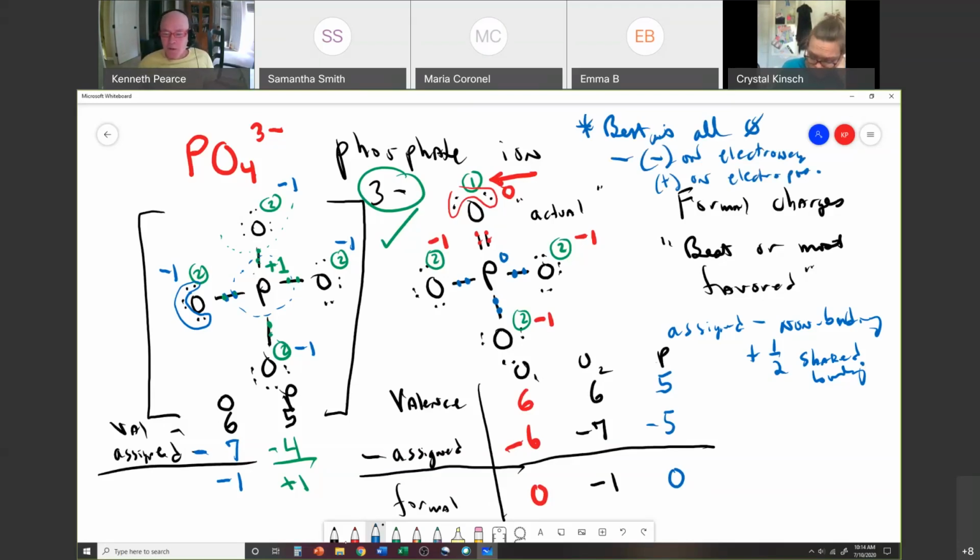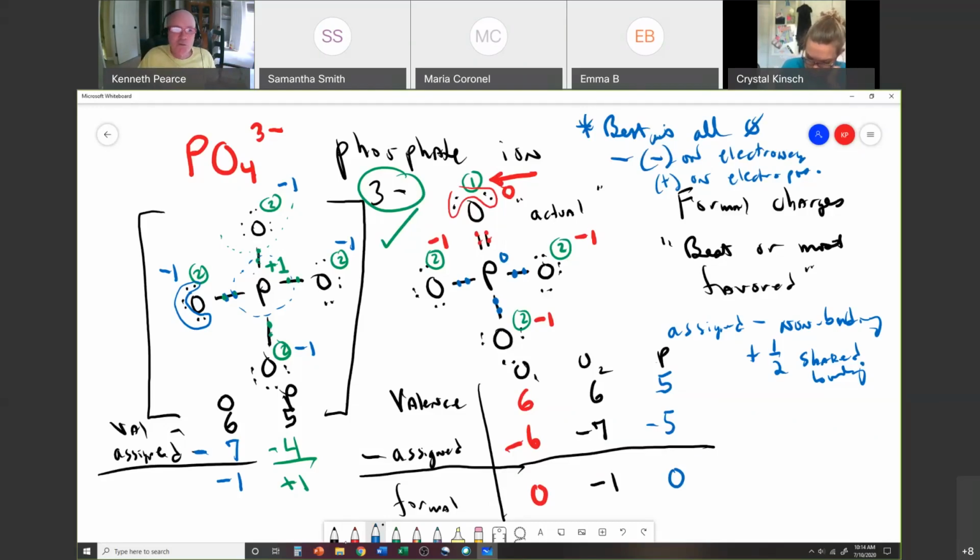So out of the two, what's most electronegative? The oxygen is most electronegative. Out of oxygen and phosphorus, oxygen is further over on the right-hand side, and it's closer to the fluorine, so it's more electronegative. Okay, so oxygen is much more electronegative than phosphorus.